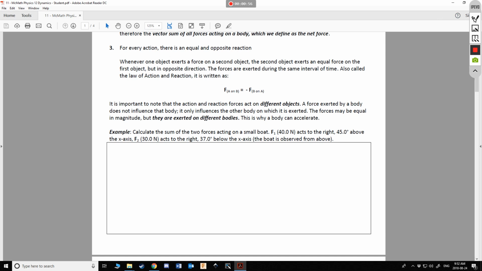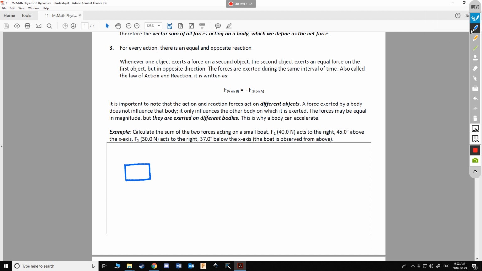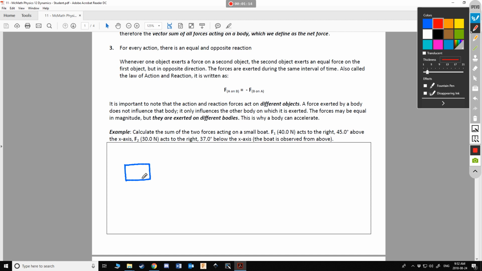So first thing we need to do is be able to draw a picture so we understand what the question is asking us. So I'm just going to draw an object so that could represent our boat. And we have two forces acting on it. If I draw a dotted line, I can represent this as some x-axis, and I have some y-axis.